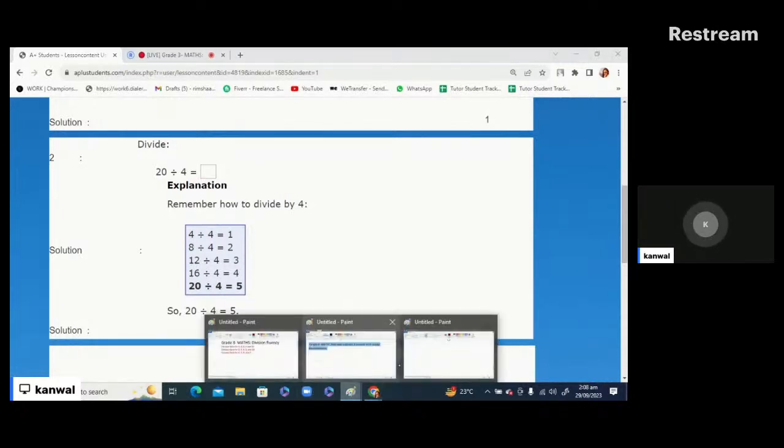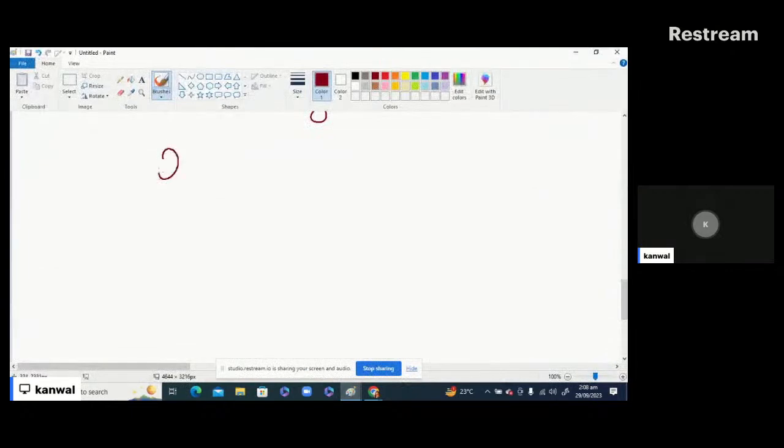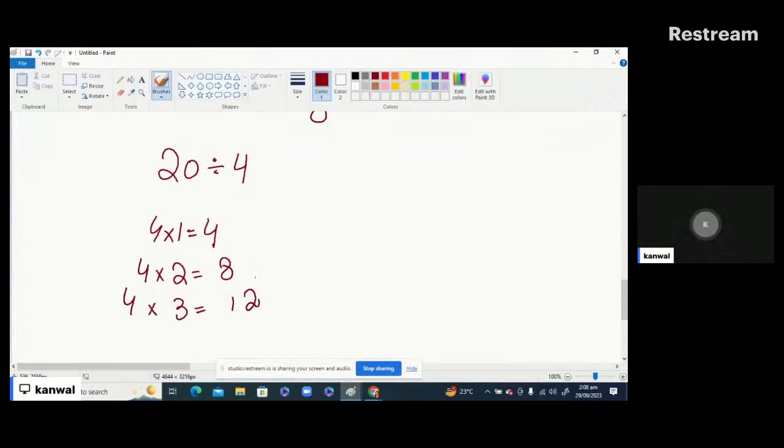So here I'm going to write 20 divided over 4. First of all, just write the table of 4. So 4 times 1 is 4. 4 times 2 is 8. Then 4 times 3 is 12.